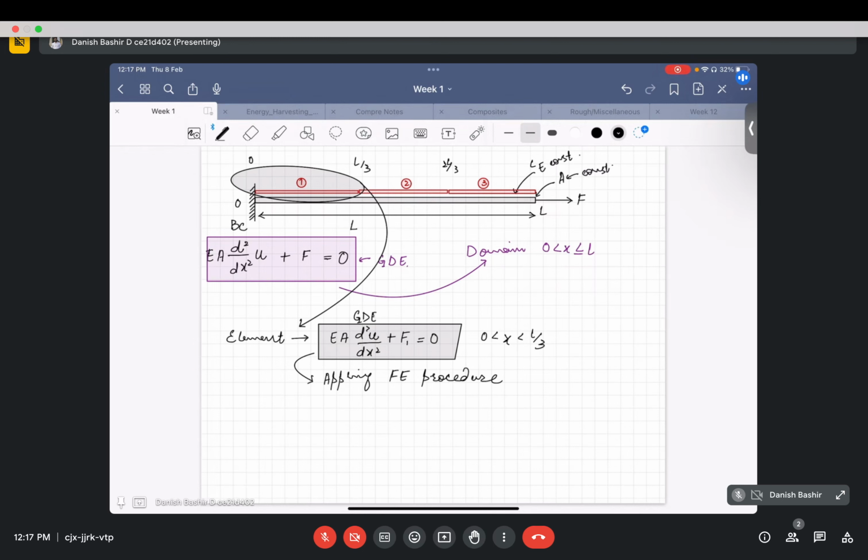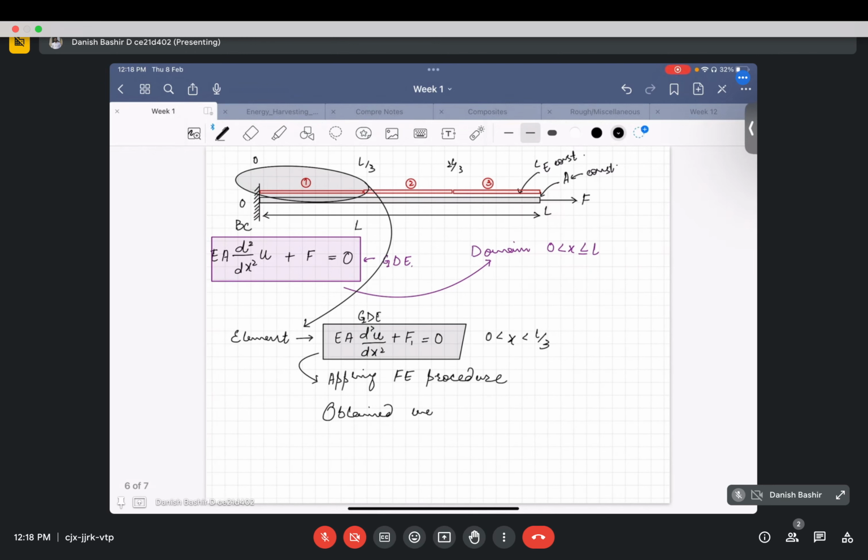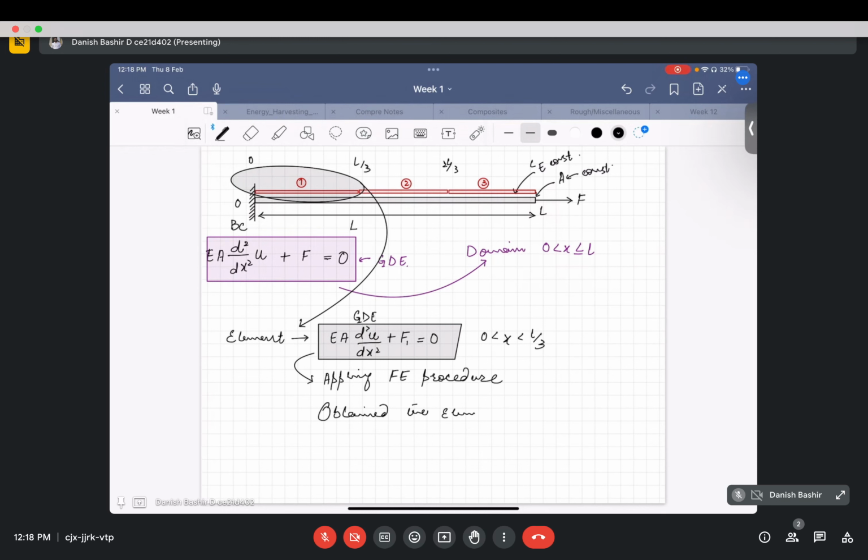Applying the finite element procedure, I obtained the element equation. For example, the length of this element is L by 3, but for generalization let's take it as L. The length of this element is L.